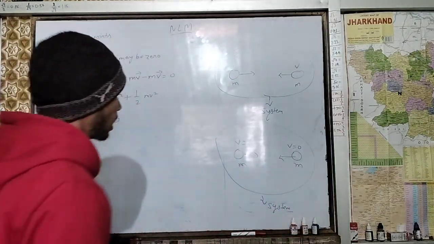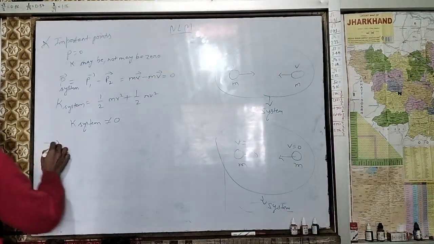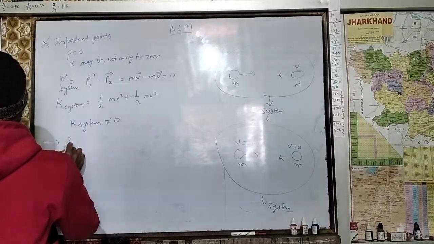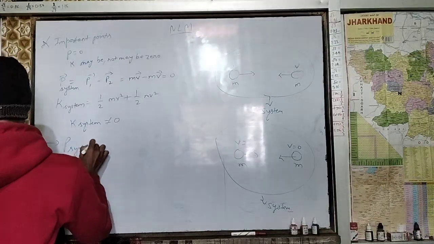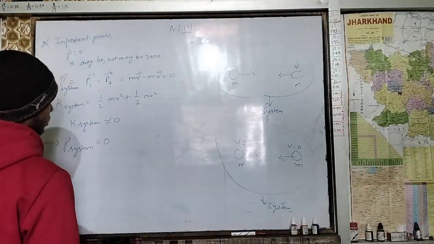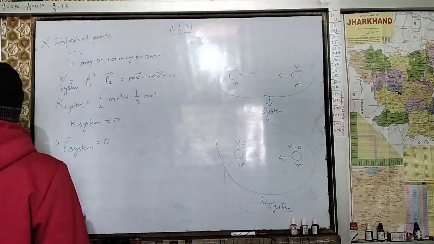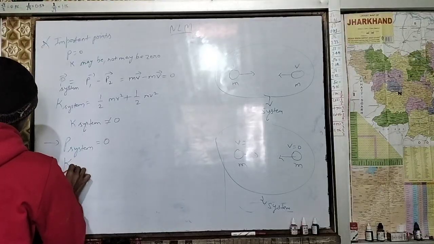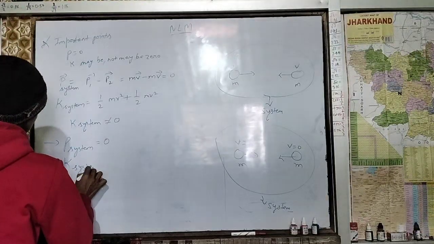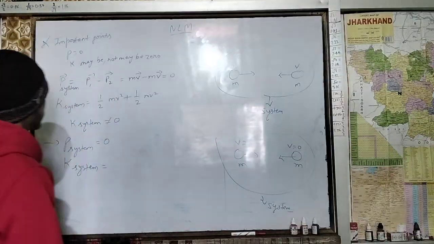The P system for this figure will be 0. But the kinetic energy of the system will also be 0. The reason is that V is 0.